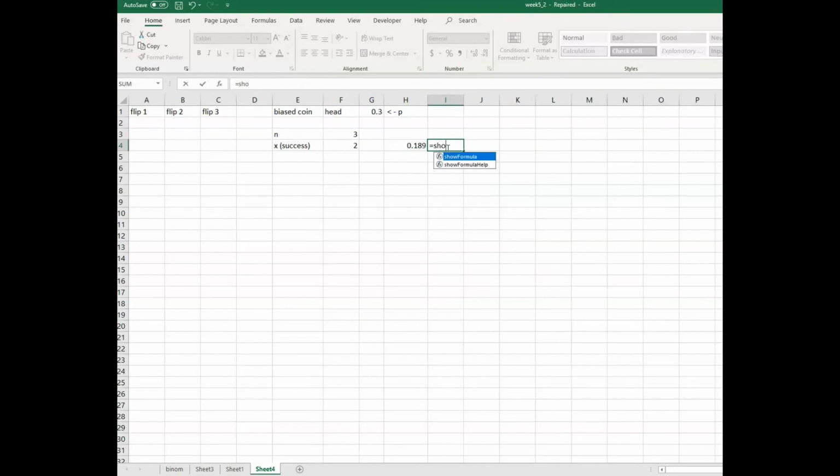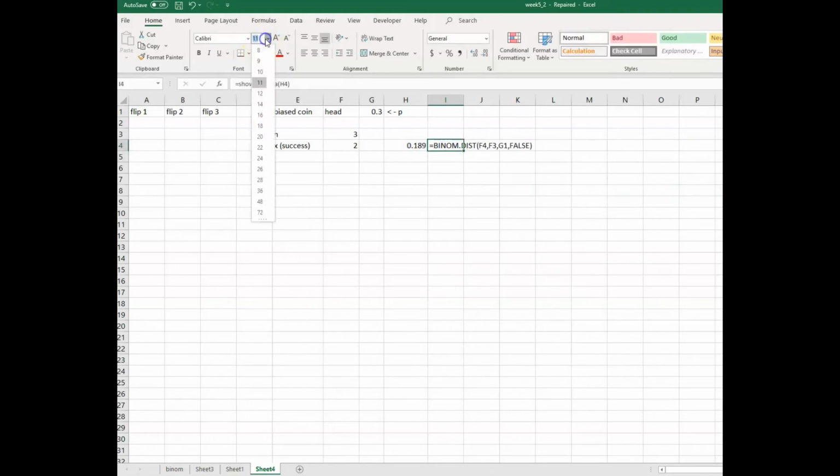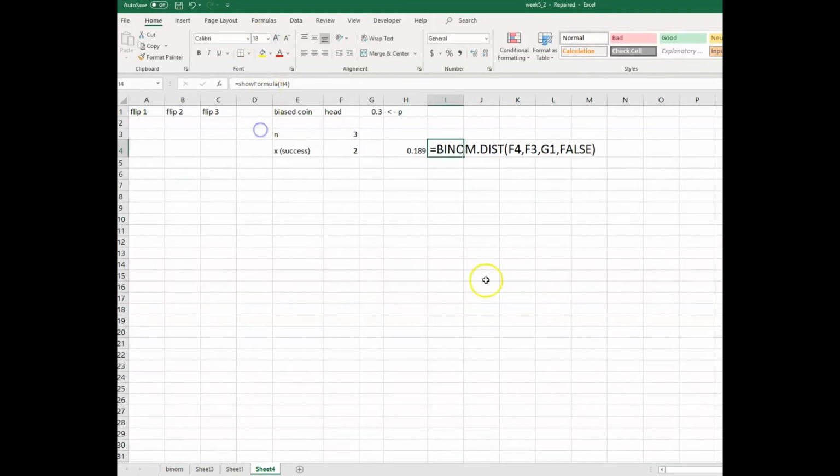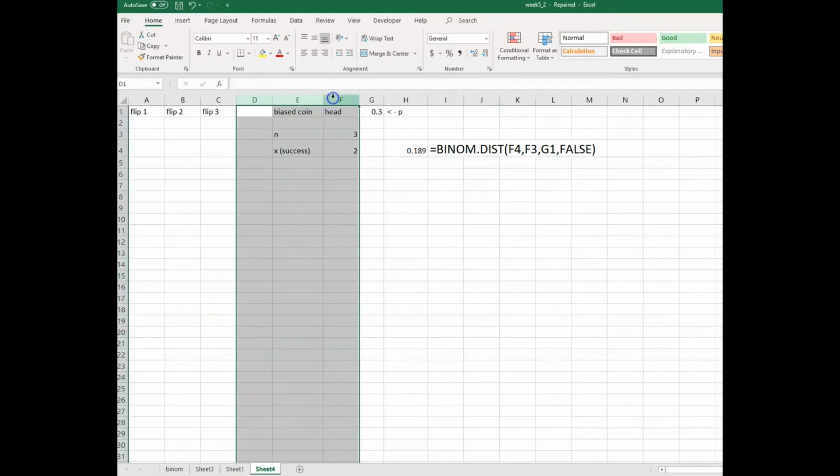I'm going to use show formula to see this one. Make it bigger. So what is the meaning of this 18.9%? Suppose we flip a coin, we have a 30% chance to see a head and a 70% chance to see a tail.